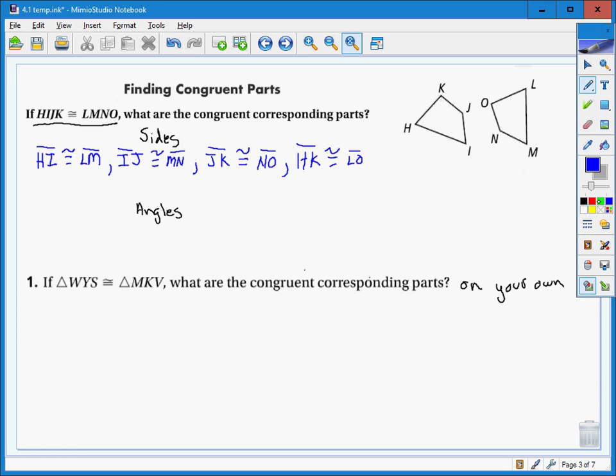Likewise, when you go to list the angles, it would be important to put the angle symbol there. The angle symbol almost looks like one of the greater than, less than symbols.